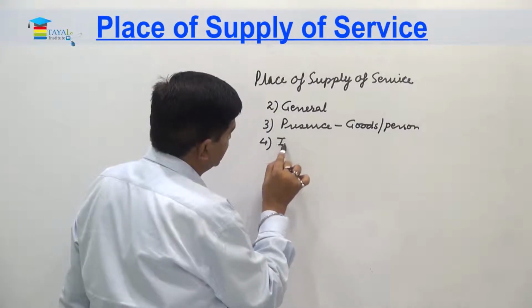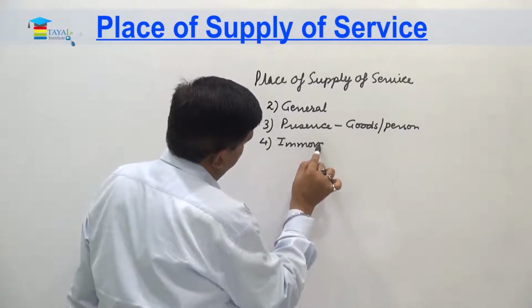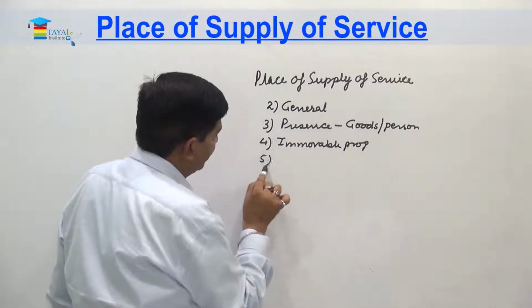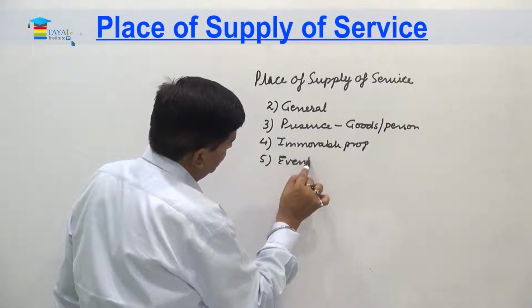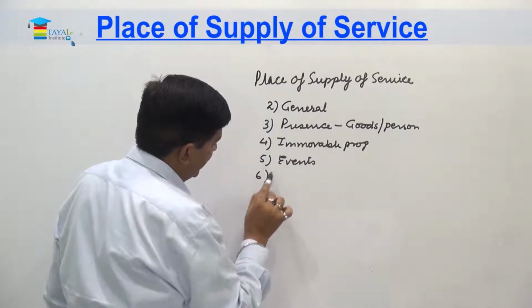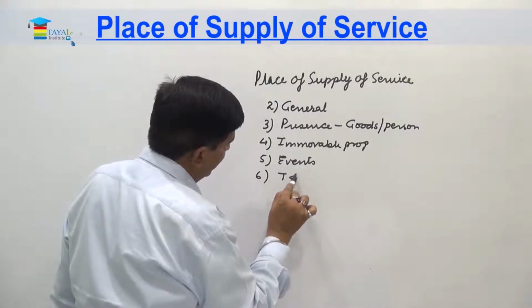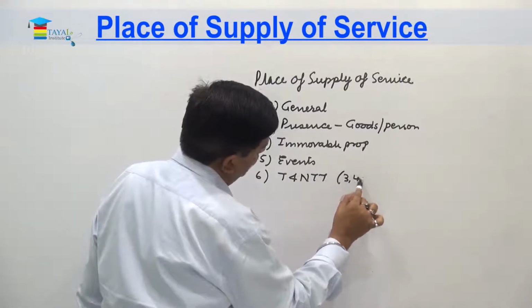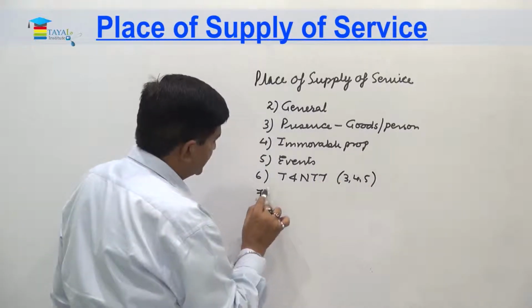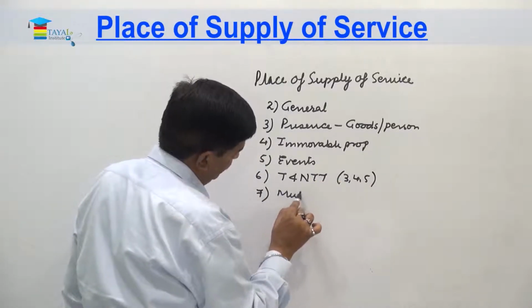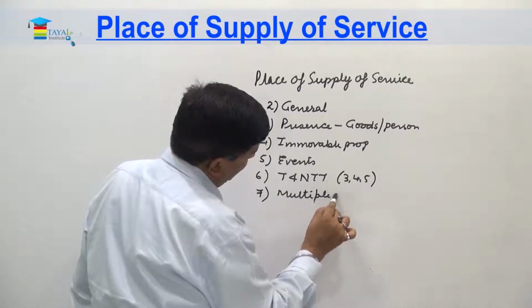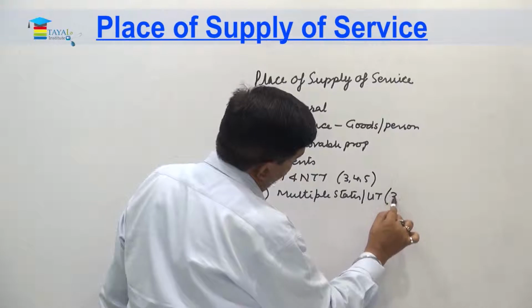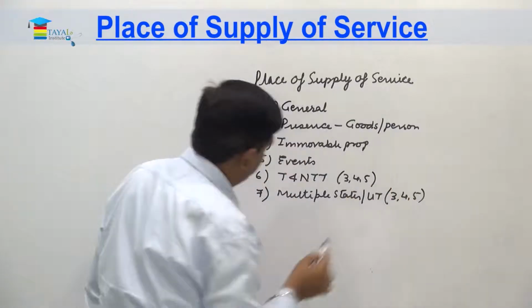Subsection 4 is immovable property. Subsection 5 is events. Subsection 6 is taxable and non-taxable territory, in relation to 3, 4 and 5. Subsection 7 is multiple states or union territories, also for services relating to subsections 3, 4, 5.